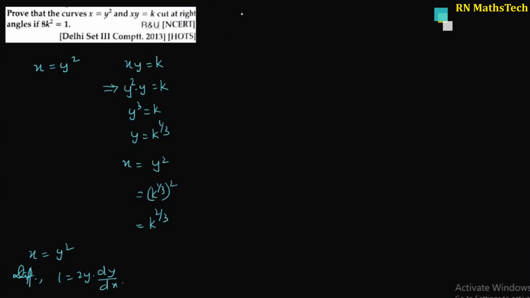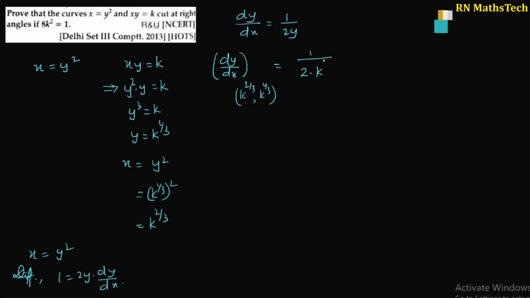Now dy by dx is equal to 1 by 2y. dy by dx at the point k raised to 2 by 3, k raised to 1 by 3 is equal to 1 by 2 into k raised to 1 by 3. So let it be m1, the first slope.